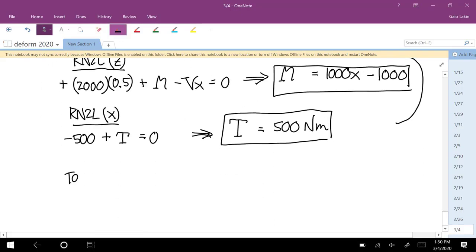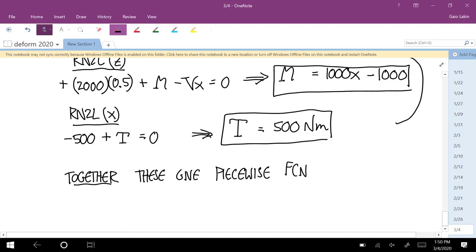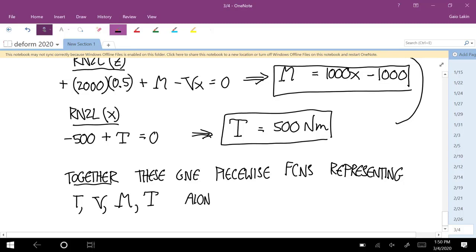So these give piecewise functions representing t, v, m, and fancy t along the entire beam.